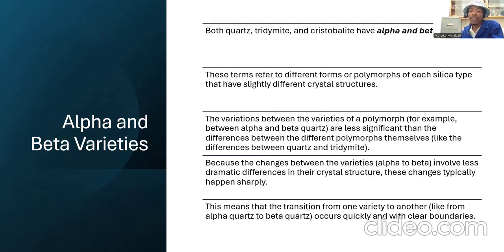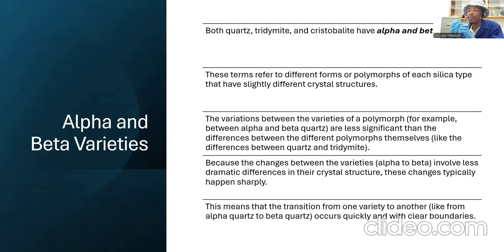The variations between the varieties of polymorphs, for example between alpha and beta quartz, or between alpha cristobalite and beta cristobalite, are less significant than the differences between the different polymorphs themselves, like the difference between quartz and tridymite, or between tridymite and cristobalite.